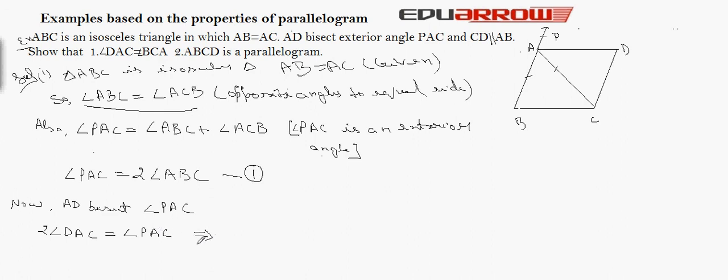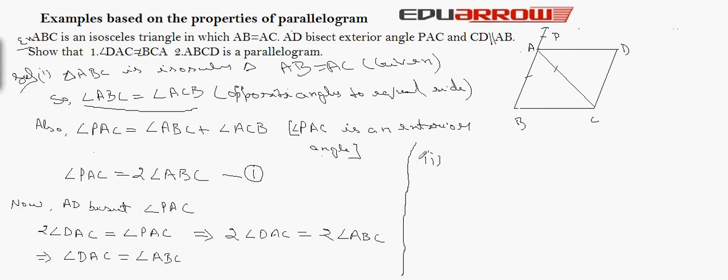So angle PAC is equal to 2 of angle ABC. So we can write 2 of angle DAC is equal to 2 of angle ABC. So angle DAC is equal to angle ABC.